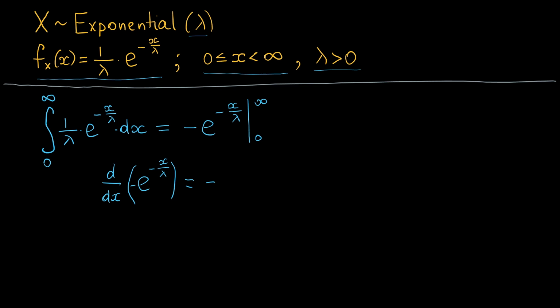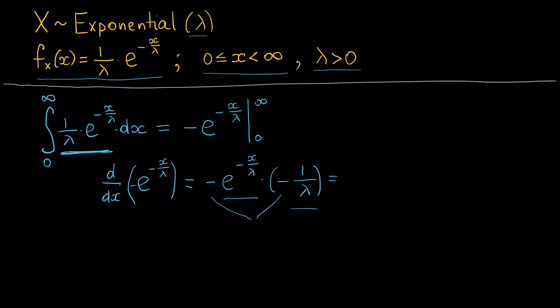Well, it will be minus e to the power of minus x over lambda, so the first the term itself, then the derivative of the exponent, which is minus 1 over lambda, and then notice that this minus sign from here and this minus sign will give us a plus, and so we have this 1 over lambda times e to the power of minus x over lambda, and that's exactly what we were trying to integrate.